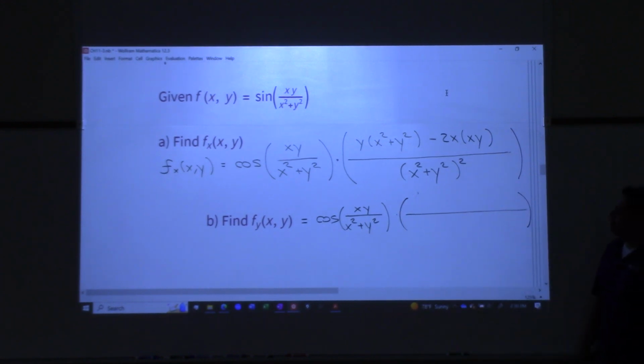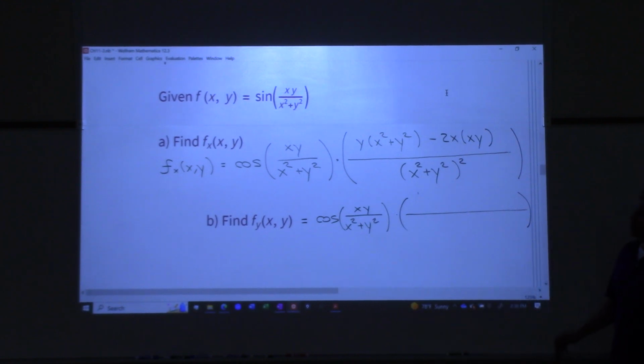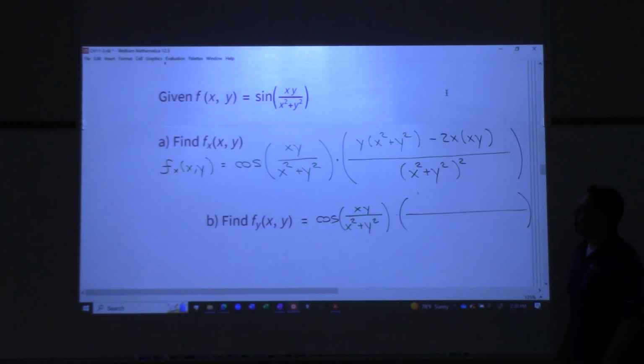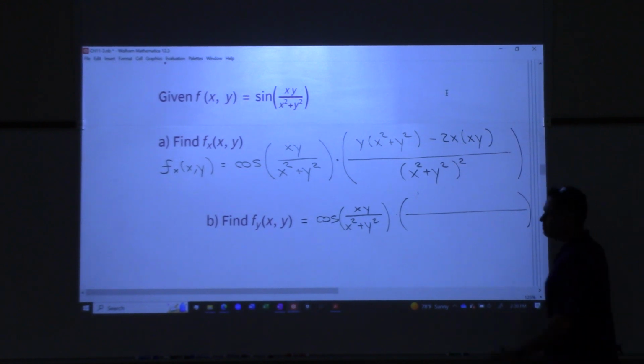Who wants the derivative of the top for me? We're holding what constant? X. So who wants to give me? Someone new. Anyone else? Go ahead, Georgia. I want the derivative of the top with respect to y. Just x. Good.